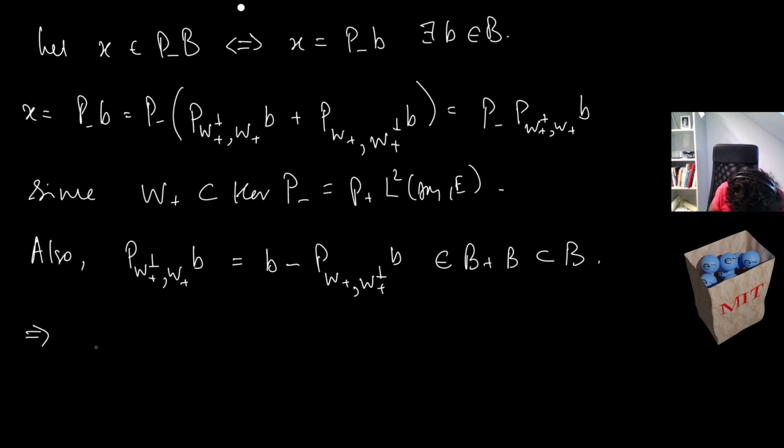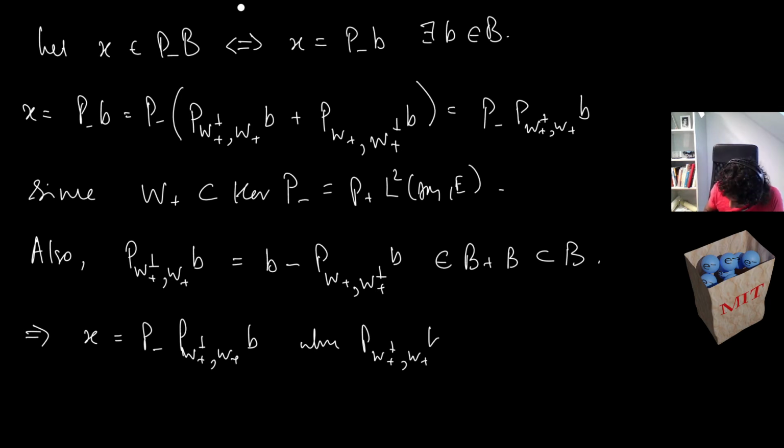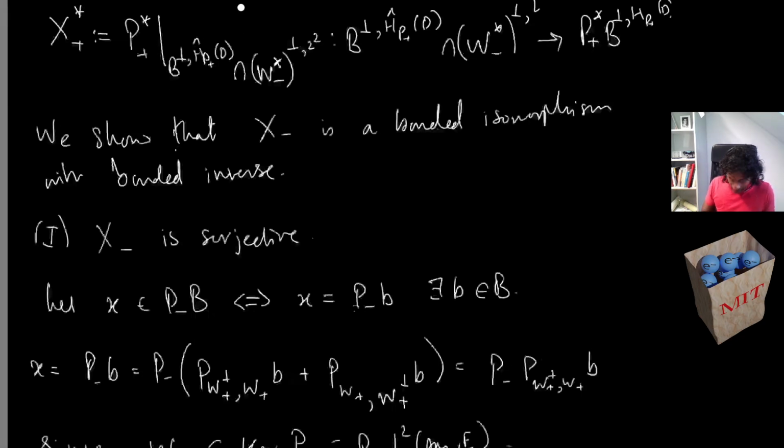So that tells us that X is equal to P minus of PW plus perp W plus of B, where PW plus perp W plus of B is in B intersect W plus perp, right, as promised. So that's the map that we want.